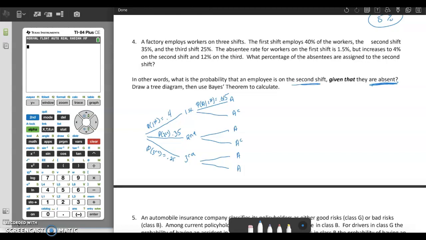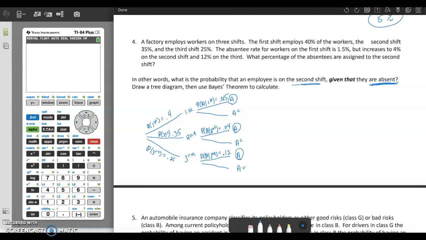I could if I wanted to by subtracting, but I'm not going to spend time on that. So the next branch I'm going to label is the probability of being absent given that you're on the second shift. That is 4% or 0.04. And finally, the probability of being absent given that you're on the third shift is 0.12. So look, all of our branches that end in absent are what we care about.